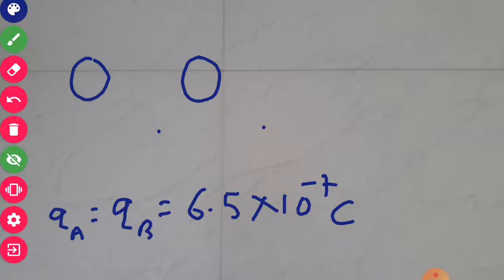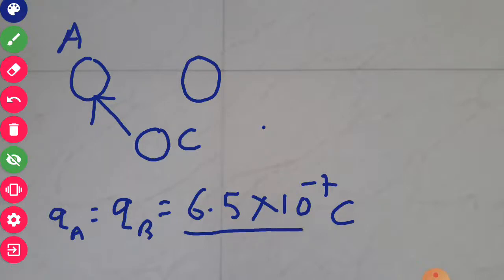Now a third uncharged sphere C is brought in contact with first A. So what will happen? The charge on A is how much? 6.5 into 10 raised to minus 7. Charge on C is how much? It is 0.